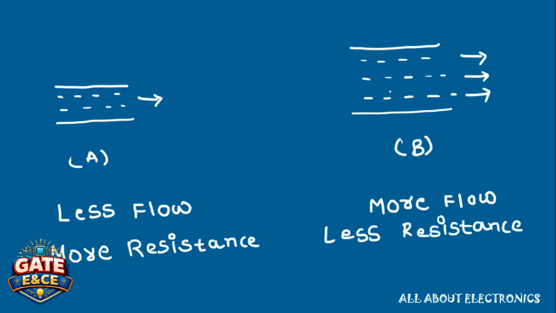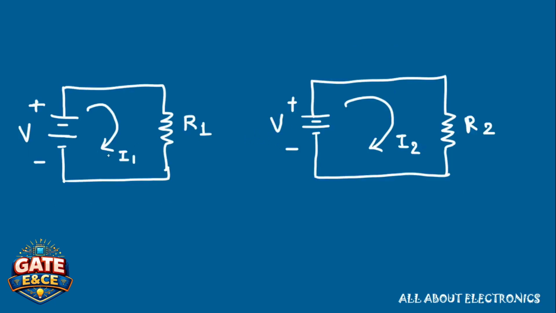So let's correlate it with the electrical circuit. Let's say that we have two electrical circuits which have the same voltage source, but the value of resistance in both circuits is different. In one case it is R1, and in the second case it is R2. According to Ohm's law, the current flowing in the first circuit can be given as I1 equals V divided by R1.